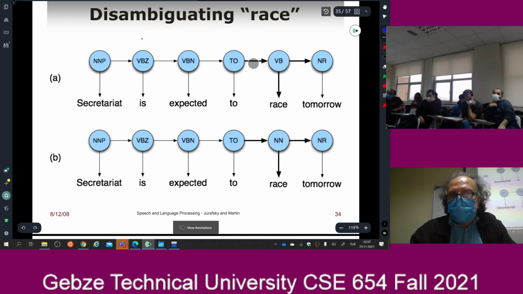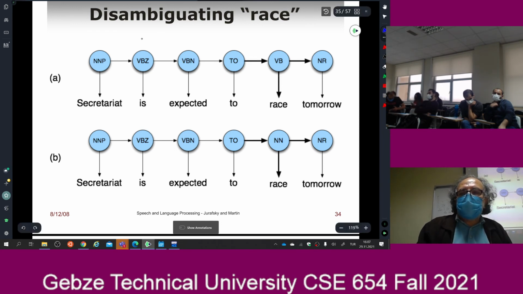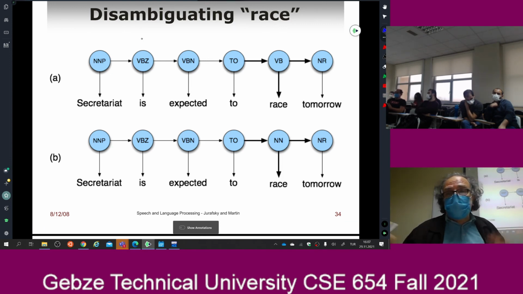The ones marked with the thicker arrows are the ones that I am going to look at. The rest of them are the same. So I will multiply these three numbers, and I will multiply these three numbers, and compare them. Which one is higher? I will choose that one.